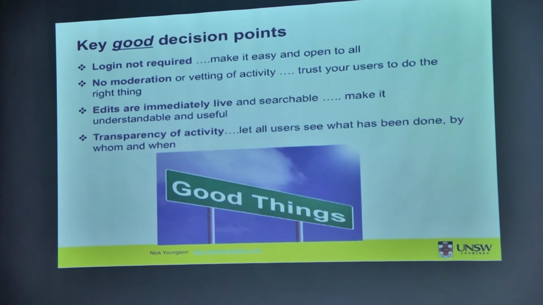Make it as easy as possible for people to try out without any commitment or unnecessary barriers. As you have seen, many users did then decide later to register because otherwise they could not get into the ranking tables or see their own history of activity, but this was through choice. No moderation or vetting of activity.